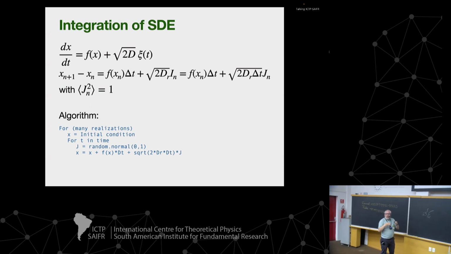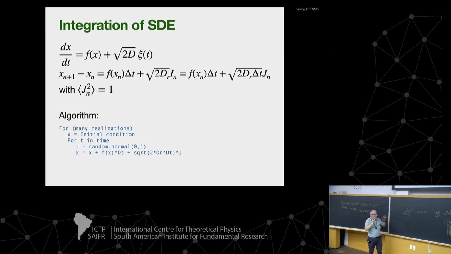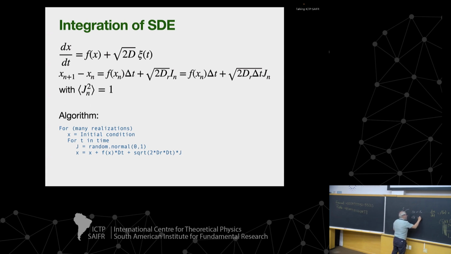And normally you want to avoid large time steps because particles are going to overlap and you create big forces. So you want delta t to be small. You want delta t to be small, but if it's small, then square root of delta t is bigger than delta t.